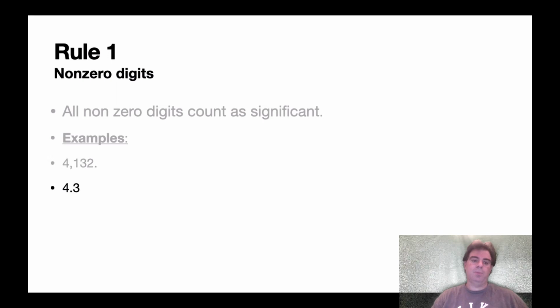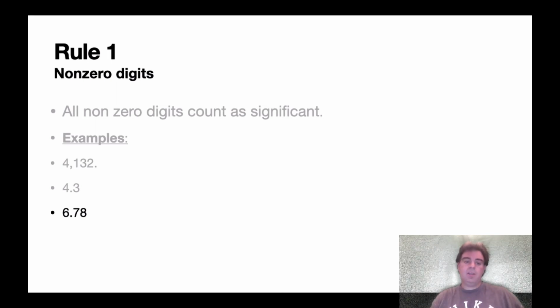Let's try another example, 4.3. In this case, the 4 counts and the 3 counts, because they're non-zero. So therefore, we simply say that this one has 2 significant figures. And let's try one more example. That is 6.78. The 6 counts, the 7 counts, and the 8 counts because they're non-zero digits, for a total of 3 significant figures.